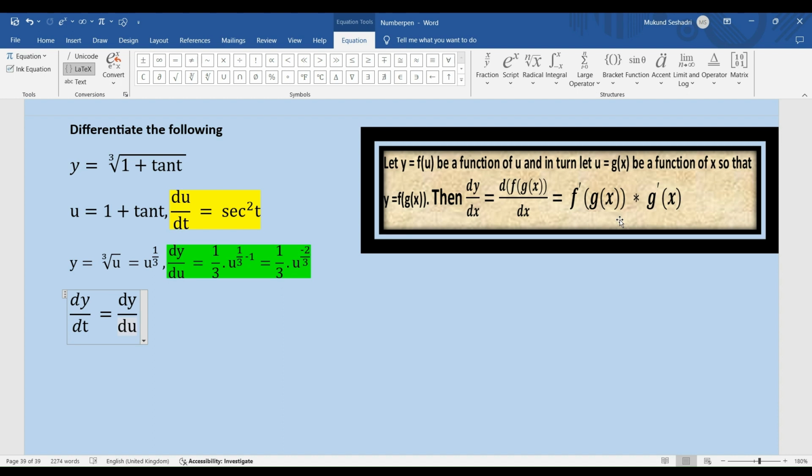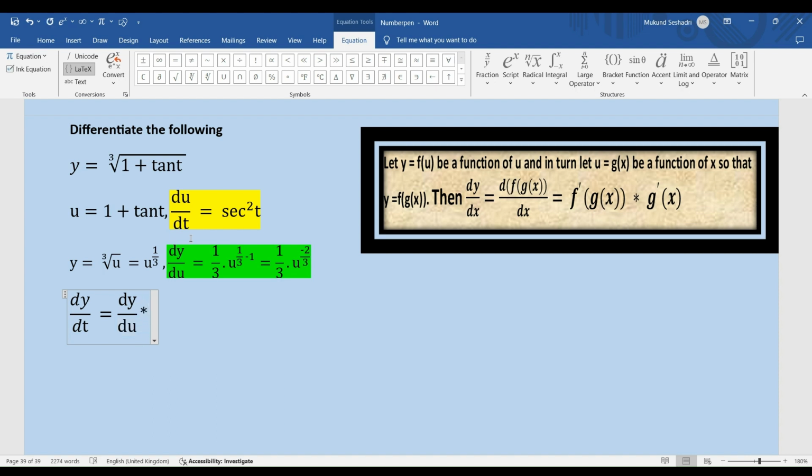So I made the substitution u equals 1 plus tan t, and calculated my dy by du, which is my f dashed of g of x, and my du by dt is my g dashed of x.